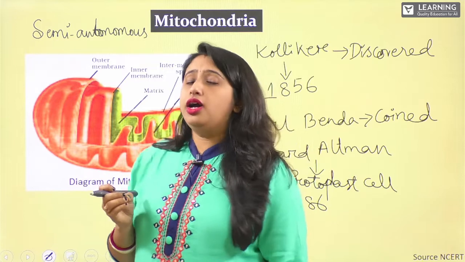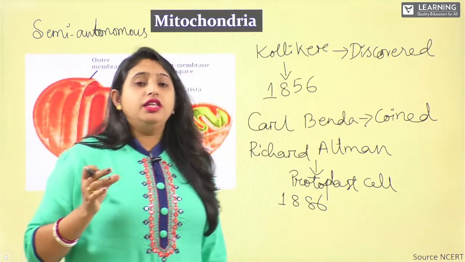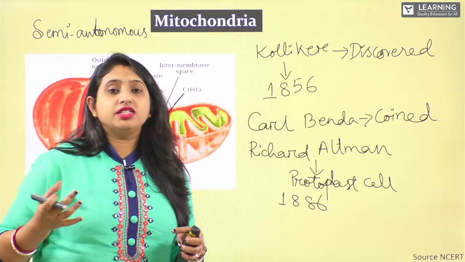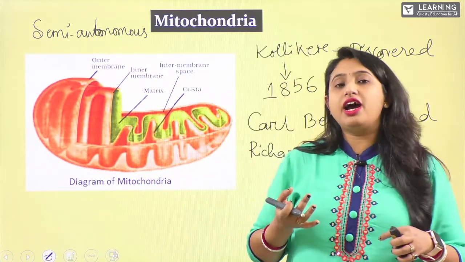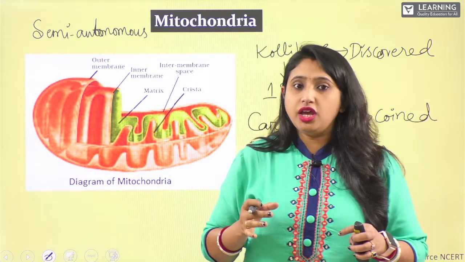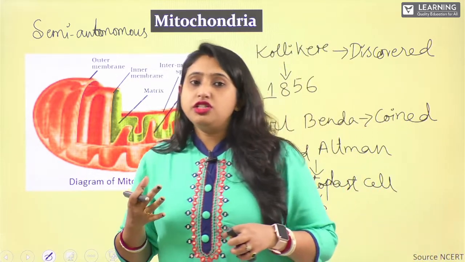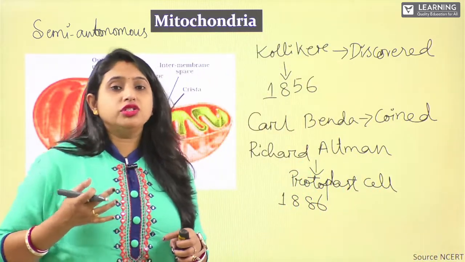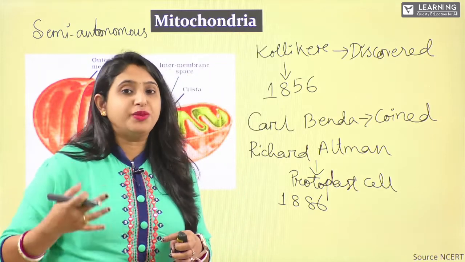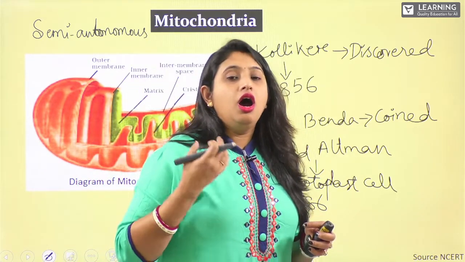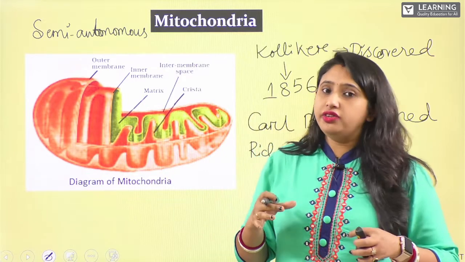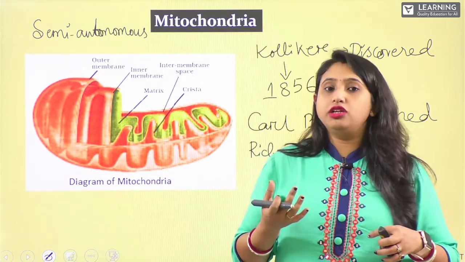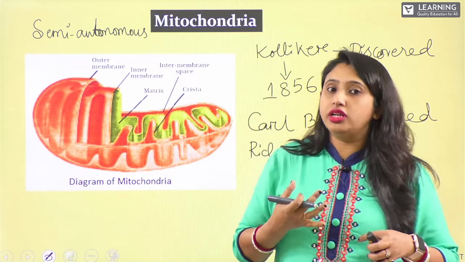Now, mitochondria and plastid are connected to an evolutionary theory. They were previously considered prokaryotes. The endosymbiotic theory, which is an evolutionary theory, explains how the mitochondria was engulfed by the eukaryotic cell and became a eukaryotic cell organelle.